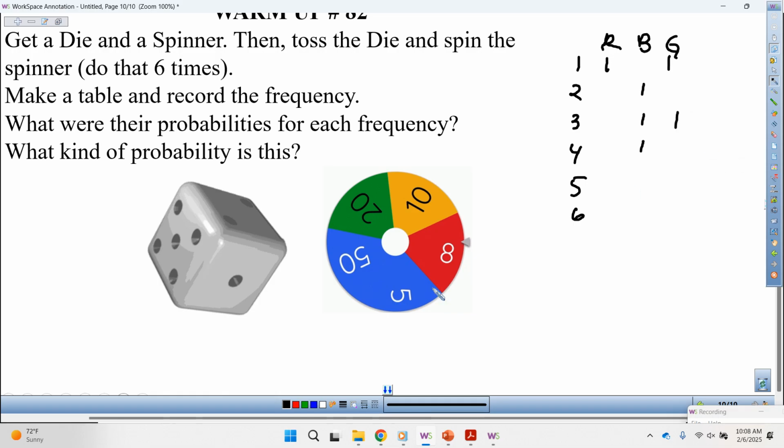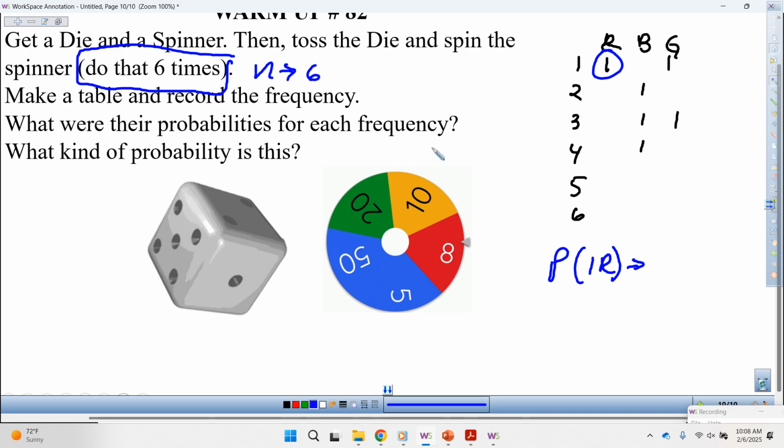All right, so let's find the probability of 1 red. Probability of 1 red. So what was N, everyone, according to the instructions? N was 6. So therefore, Cole, to roll a 1 and a red would be 1 out of 6.